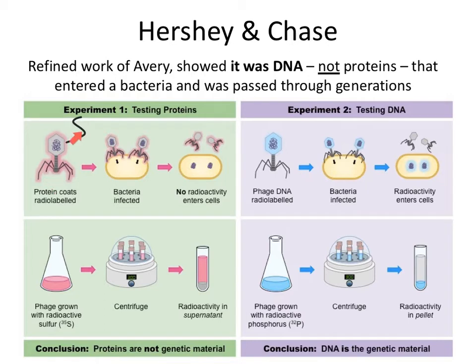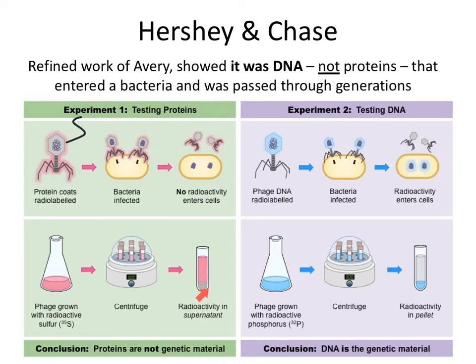So then they let the viruses infect bacteria. The viruses injected their little DNA inside of the cells, and later on, when they separated the bacteria from the viruses, they could see on the top where the viruses were, this pink stuff. They know that viruses are less dense, so they're floating on top, whereas the bacteria are floating in the bottom, and there is no radioactivity there.